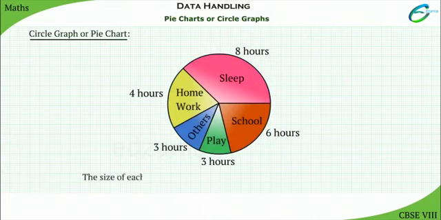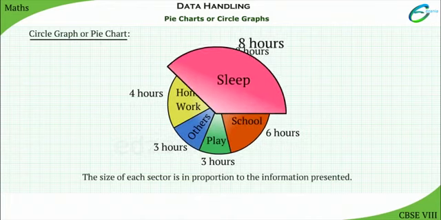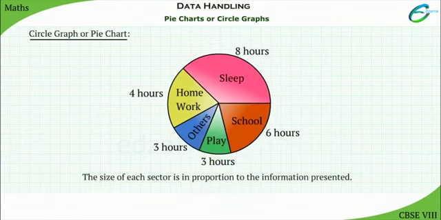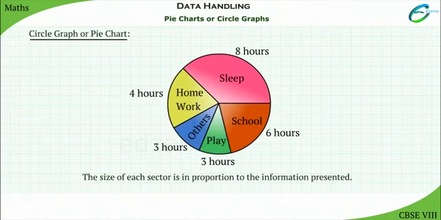The size of each sector is in proportion to the information presented. Regardless of the size of the sectors in the circle, each sector represents only one type of data. In this case, each sector represents the time spent by a child during a day.